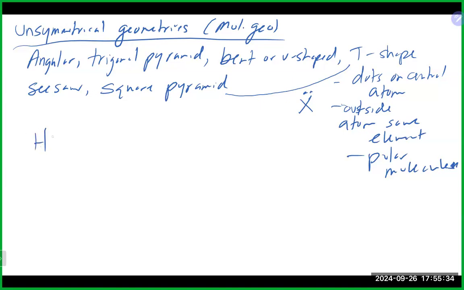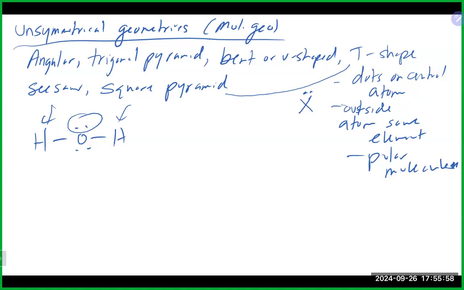That's the case like we saw with water. I see dots. I see the same thing on the outside. It's going to be a polar molecule. So if you have dots, you have everything the same on the outside, it is going to be probably polar. And that's, again, a pretty safe bet. Nothing's 100%, but pretty close.